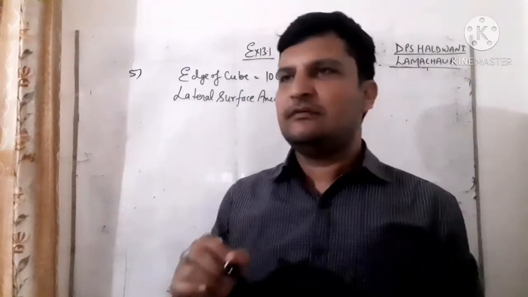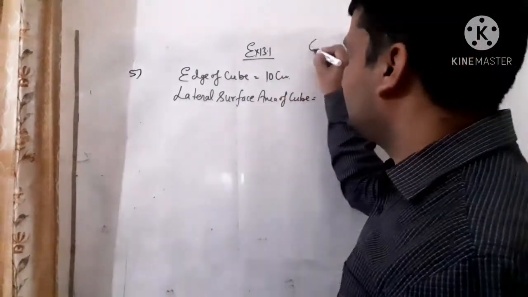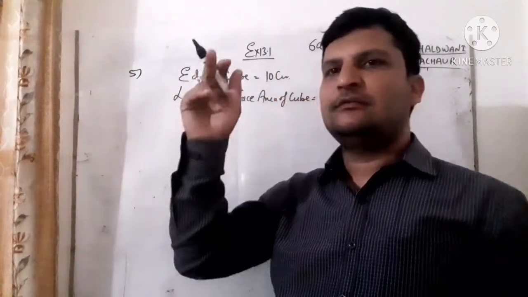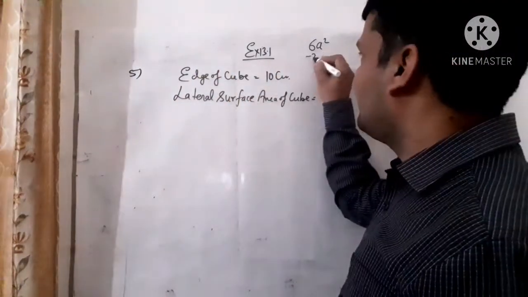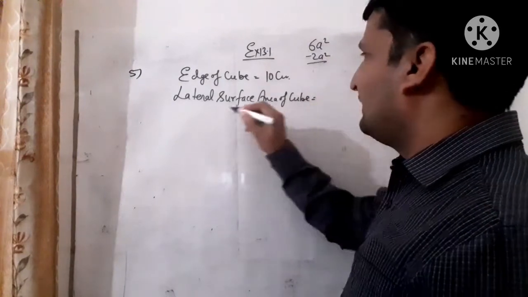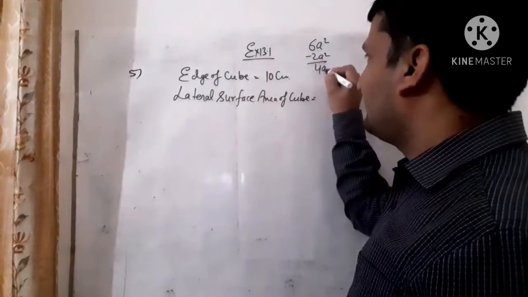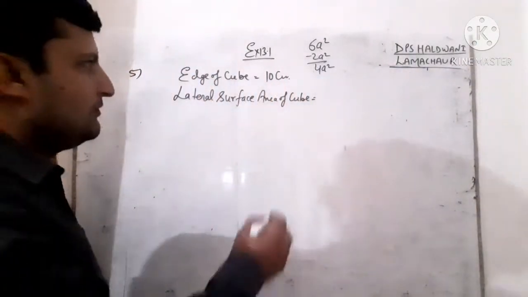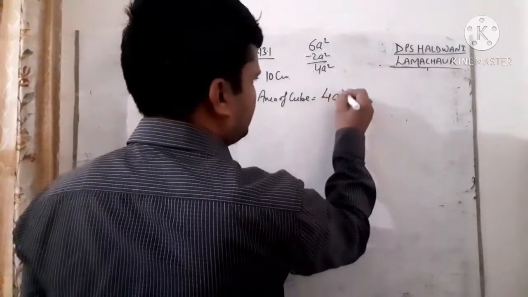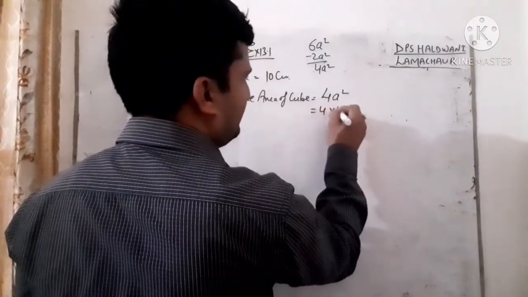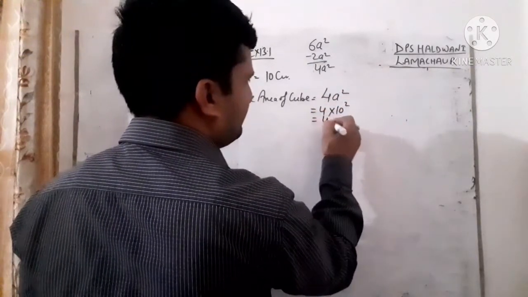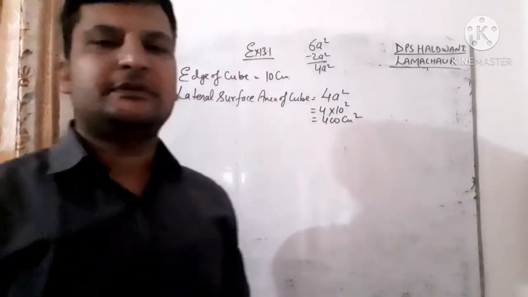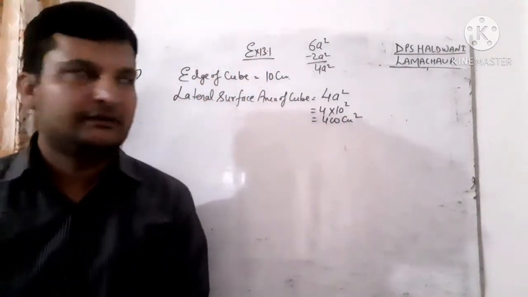In total surface area we have written 6a square as the formula, so we have to remove the area of the base and the area of the top. If we subtract 2a square, the lateral surface area will be 4a square. So we can write, lateral surface area of the cube is 4a square. Putting values, 4 into 10 square, that is 400 centimeter square. So the lateral surface area of the cube is this one.